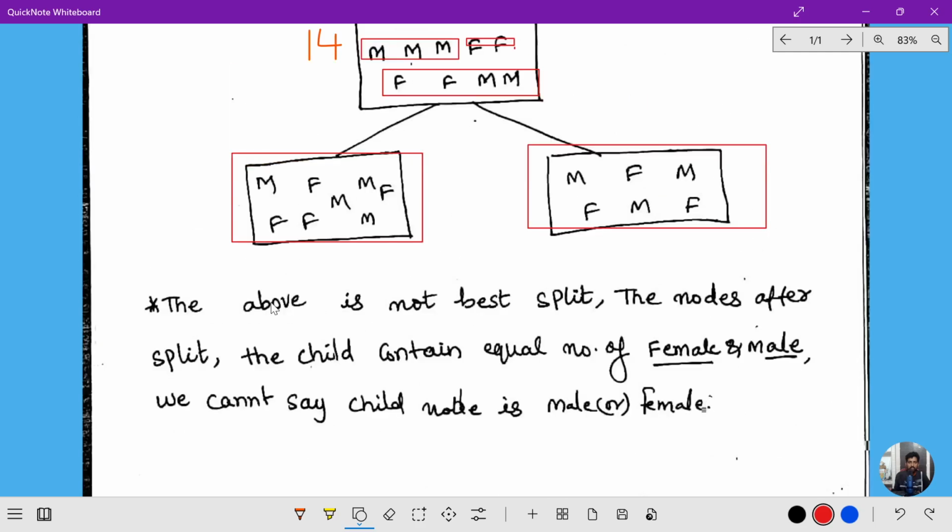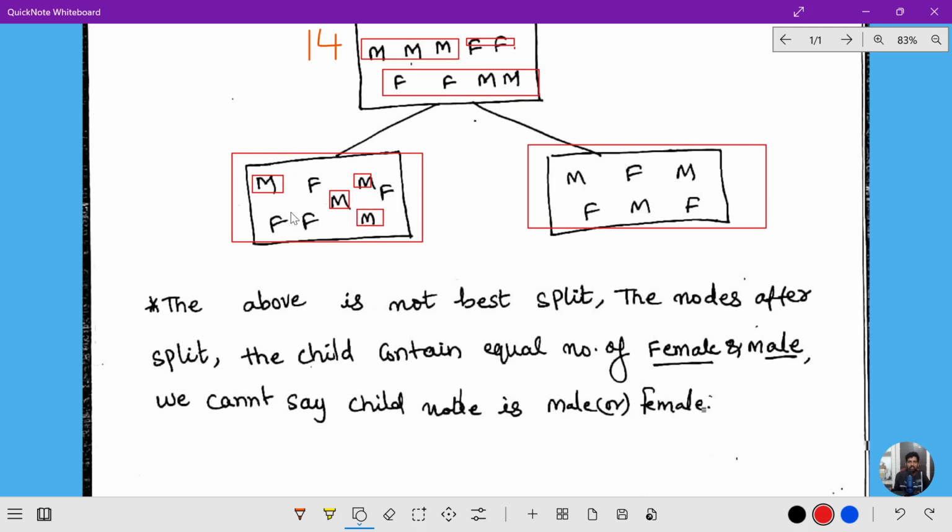Now you observe the above data is not a best split because after the split, the child nodes contain an equal number of females and males. The total number of males is 4, and similarly females also 4.